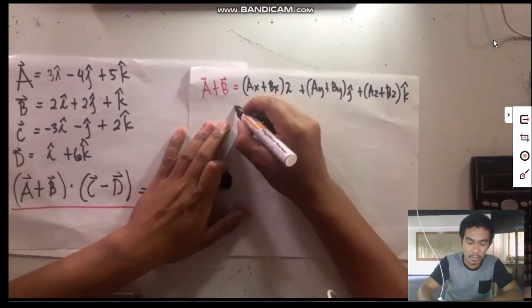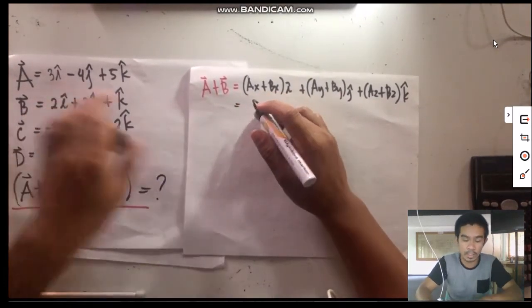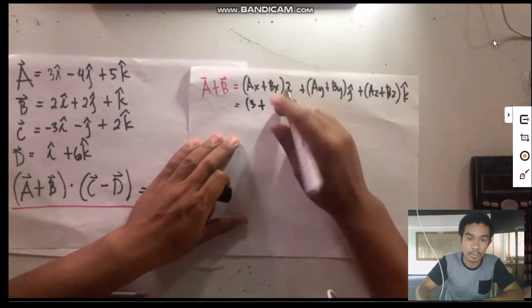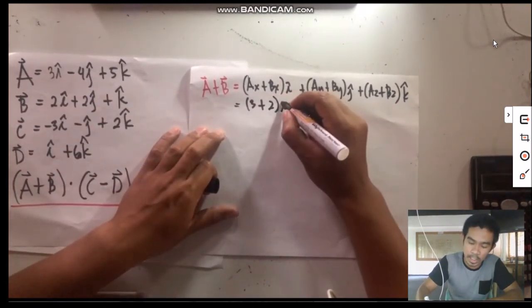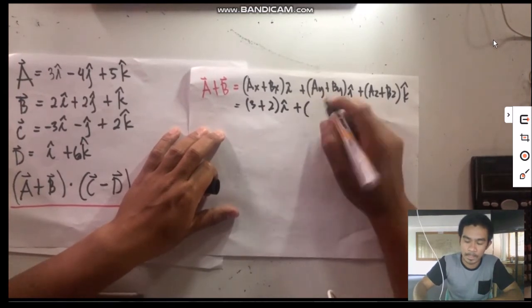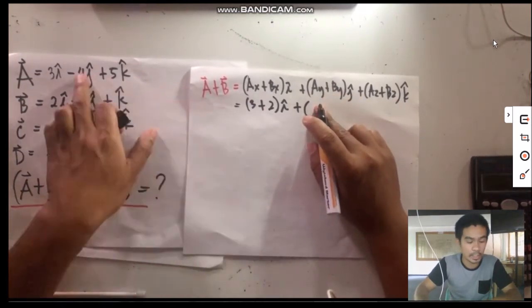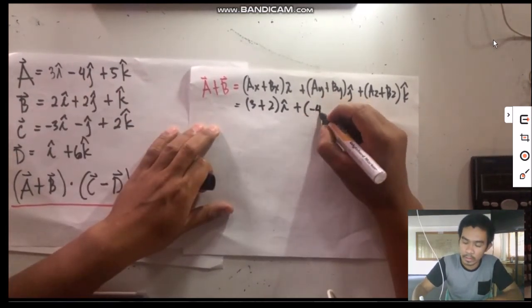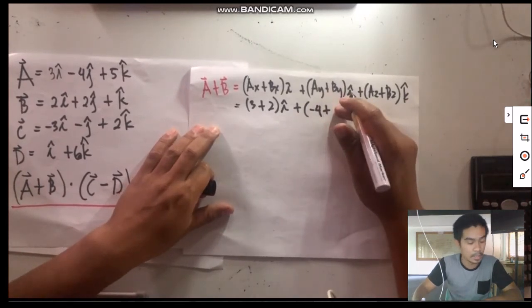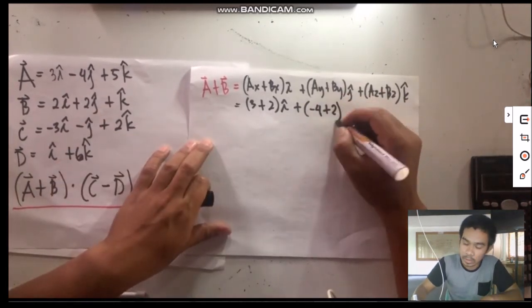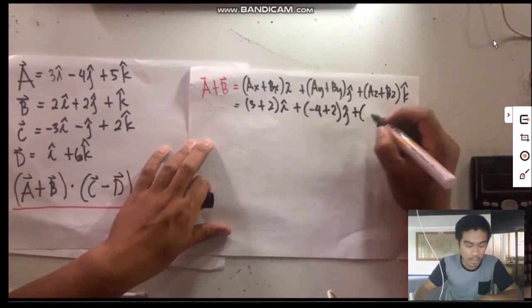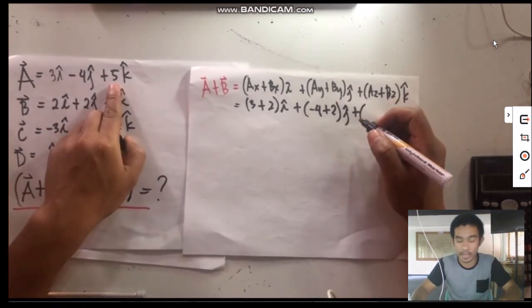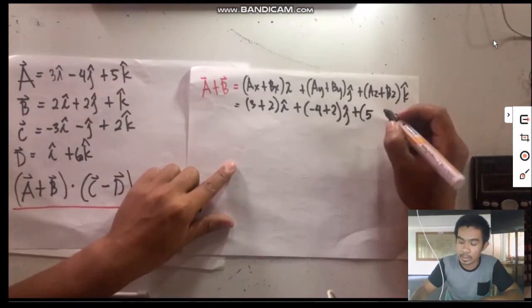What is AX? That is 3. What's BX? That's 2. Then I hat plus AY. AY is negative 4 plus BY. BY is 2 times J hat plus what is AZ? AZ is 5, right?